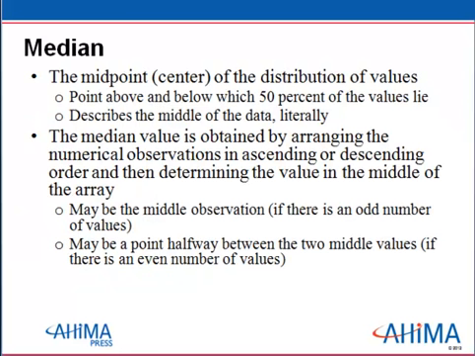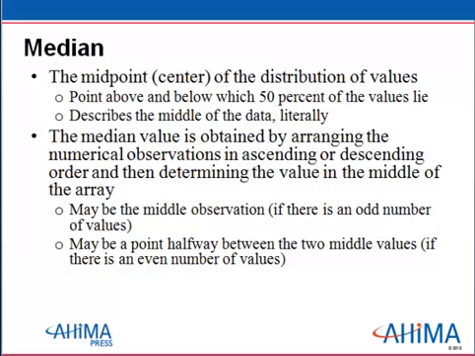The median is the midpoint or the center of the distribution of values, or the point above and below which 50% of the values fall. The median value is obtained by arranging the observations in ascending or descending order, and then determining the middle value.